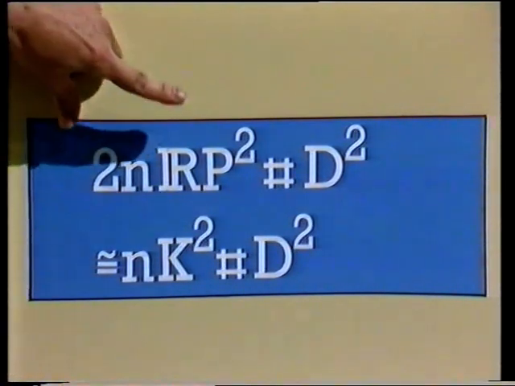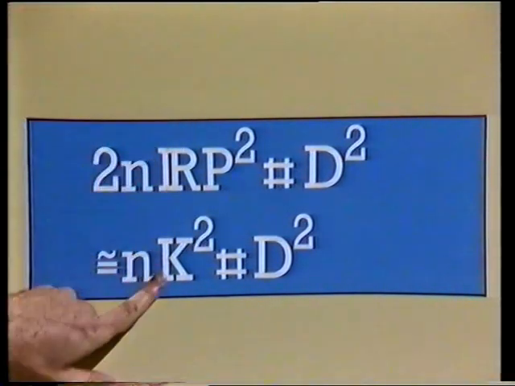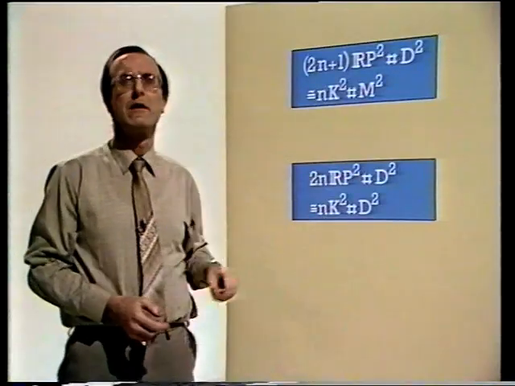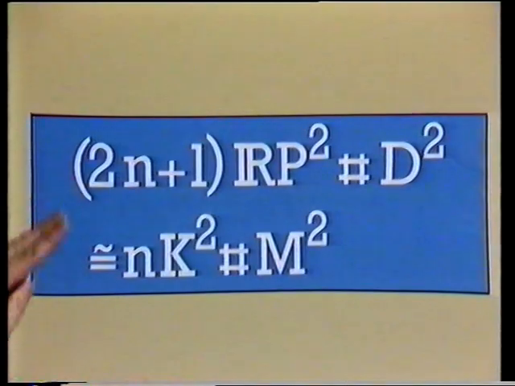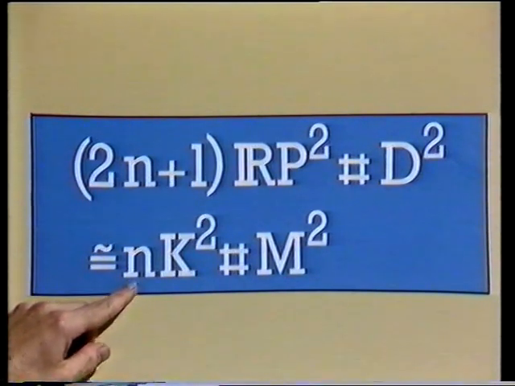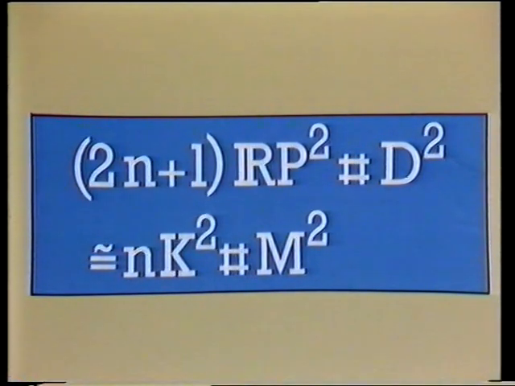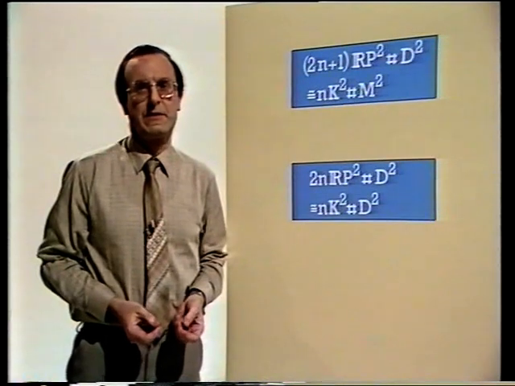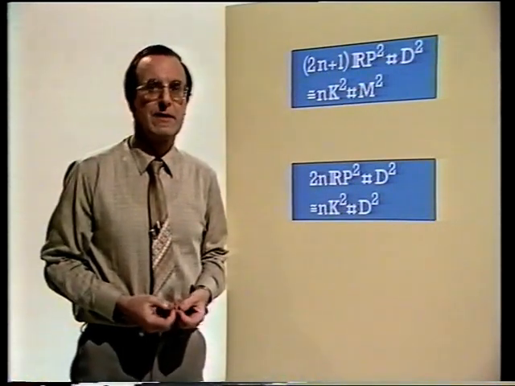That's because each pair of projective planes gives a Klein bottle, as you've seen. Then for Q odd equal to 2n plus 1, the 2n projective planes again give us n Klein bottles, and that leaves 1 projective plane and a disc, which you've seen is a Möbius band. So that's the formula. Now what do these surfaces look like?